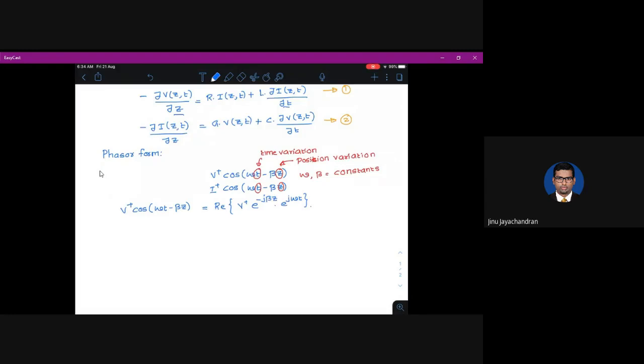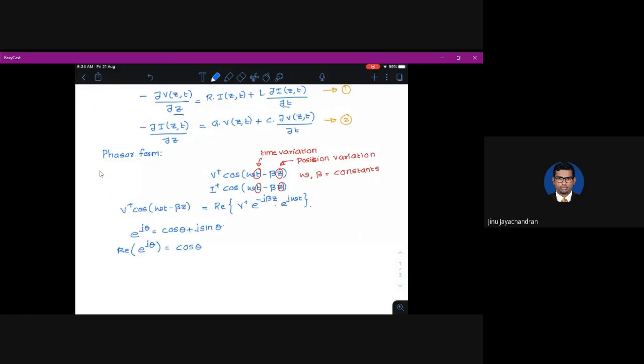So as you know, e raised to j theta is cos theta plus j sin theta. So real part of e raised to j theta is equal to cos theta, because sin theta comes in the imaginary part.